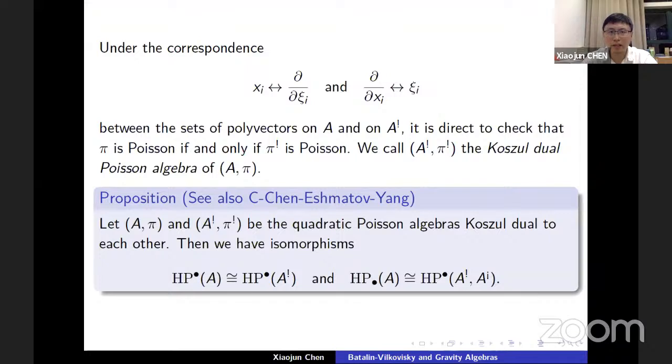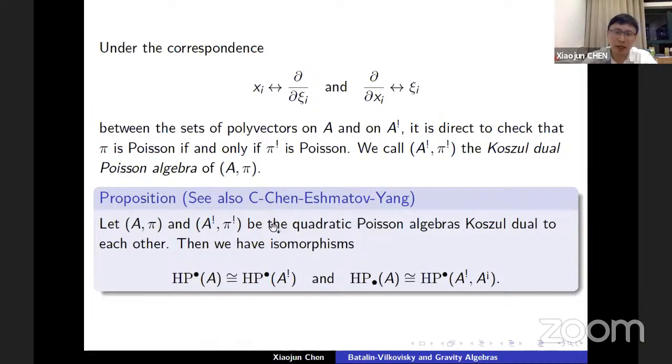Under this correspondence, we have the following observation, which is due to Shoikhet. It says that if pi is Poisson, then pi^! is Poisson. The reverse is also true: if pi^! is Poisson, then pi is Poisson. So we say that A^!, pi^! is a Koszul dual Poisson algebra of this A, pi.